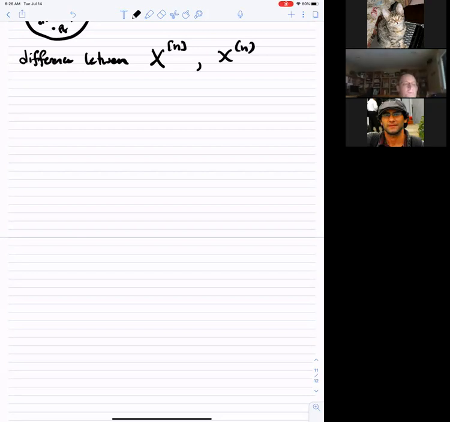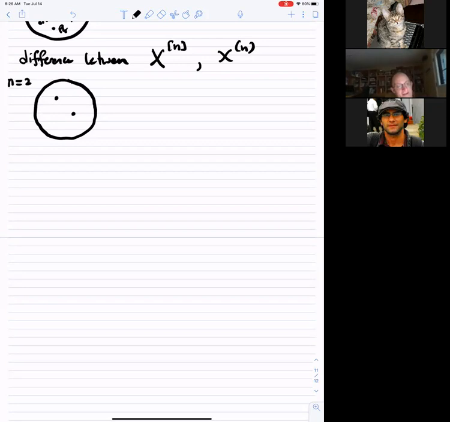So suppose that I have 2 points. If you have 2 distinct points, then there is no difference between the symmetric product and the Hilbert scheme. From the 2 points you can determine this ideal. But you see now what happens if the 2 points collide?